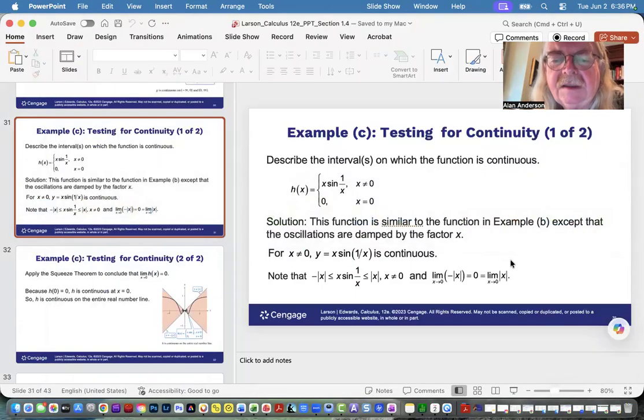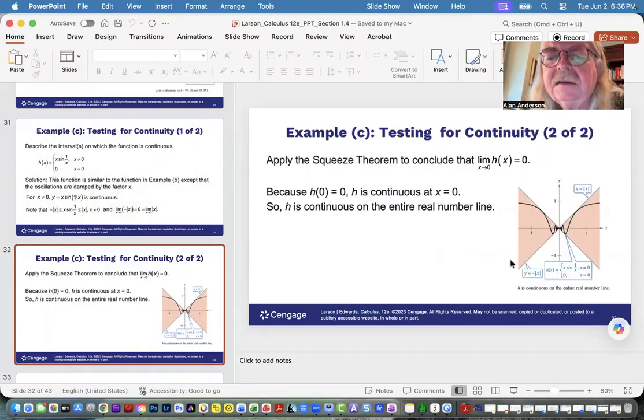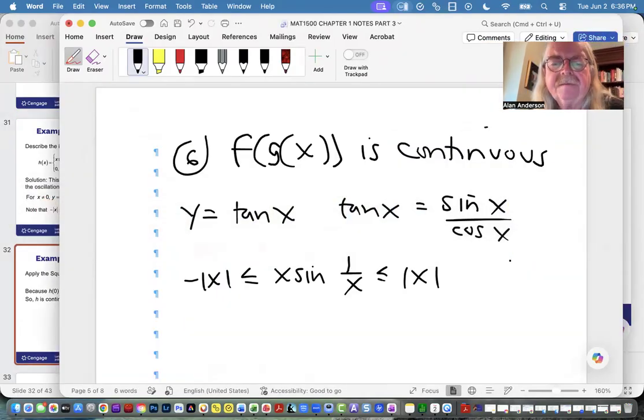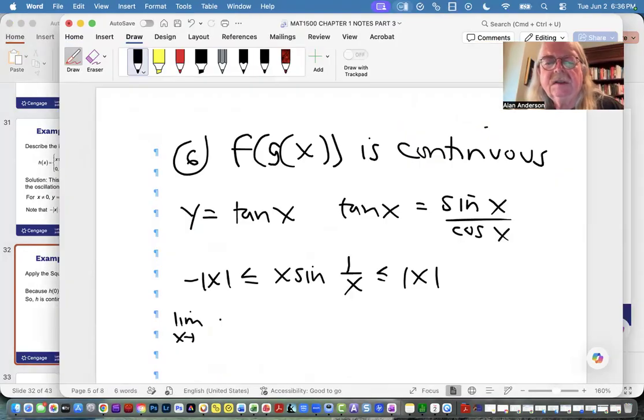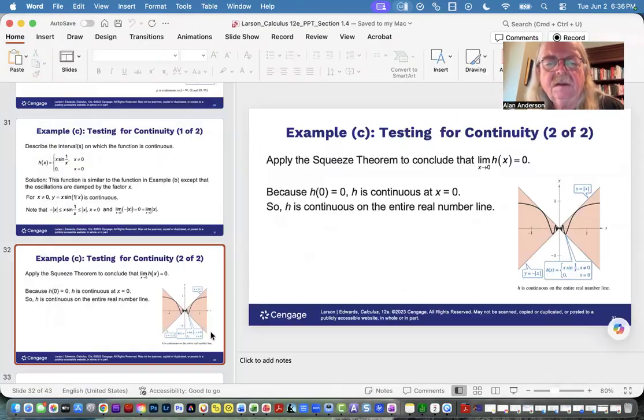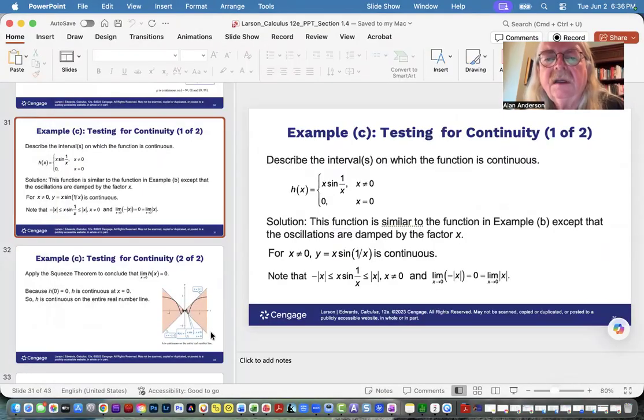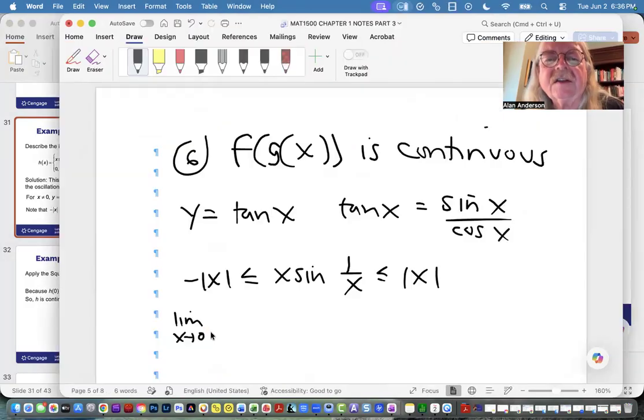And therefore, the limit, the limit as x goes to zero. Oh, I see. They defined this as h of x. Okay.